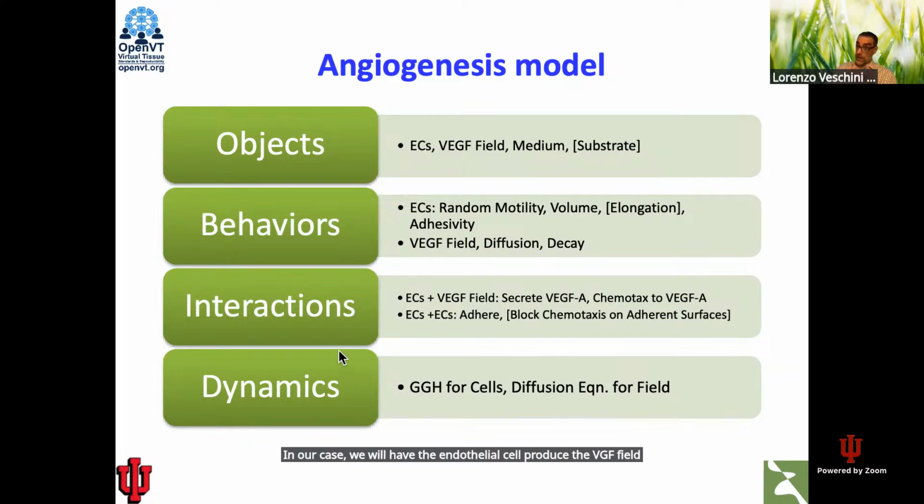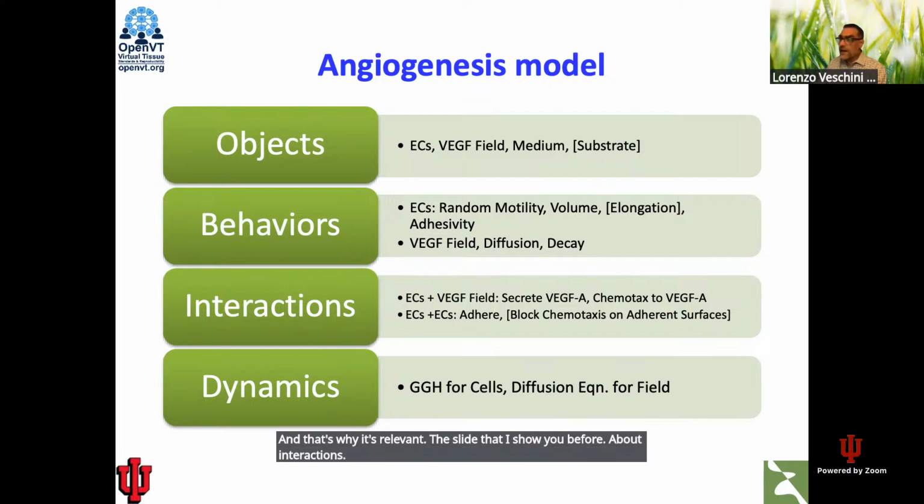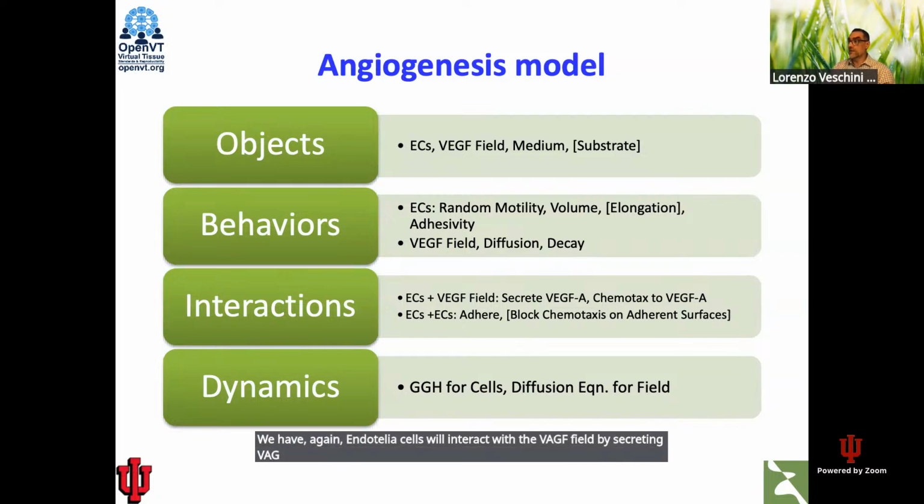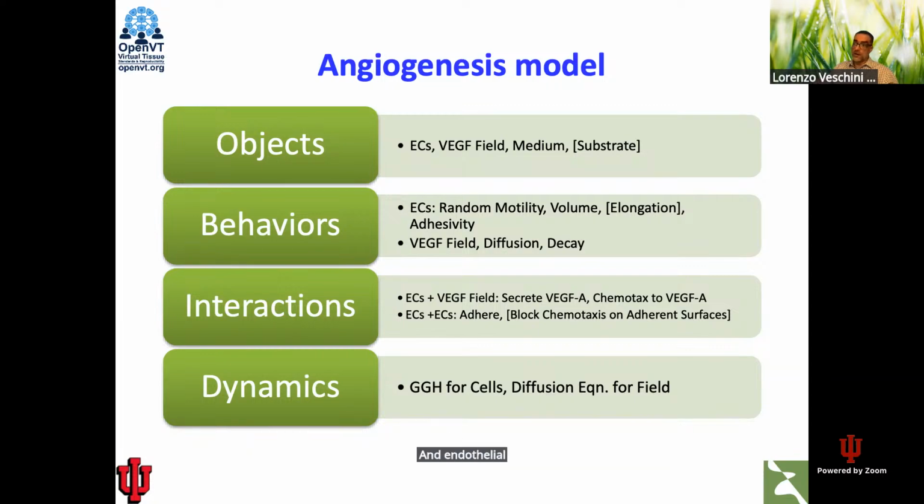And that's why the slide that I showed you before is relevant. About interactions, again, endothelial cells will interact with the VEGF field by secreting VEGF and by chemotaxing. And the endothelial cells will interact with other endothelial cells via adhesion.